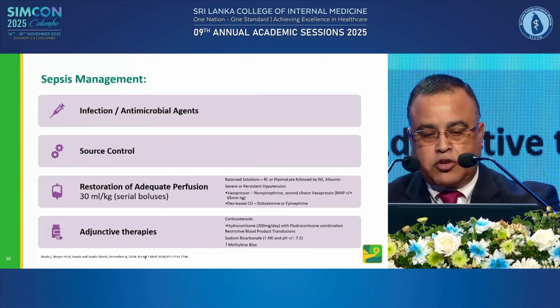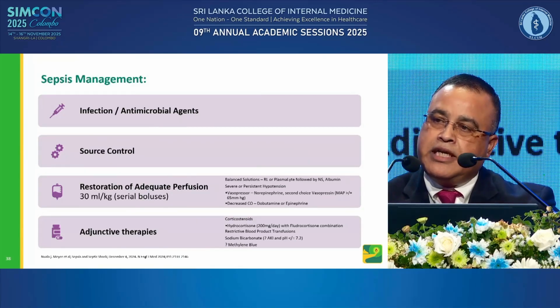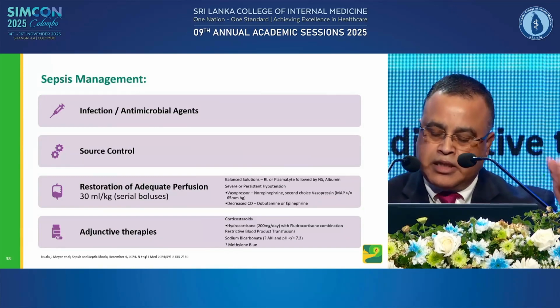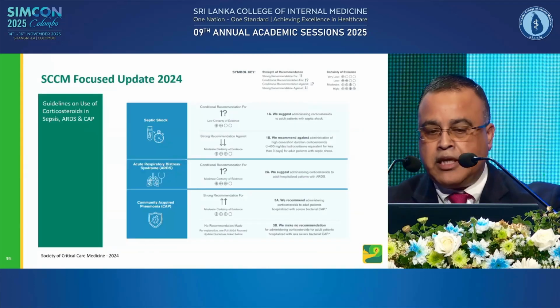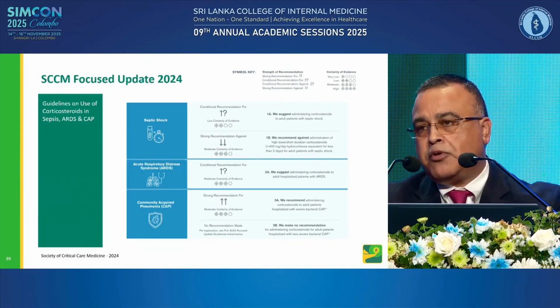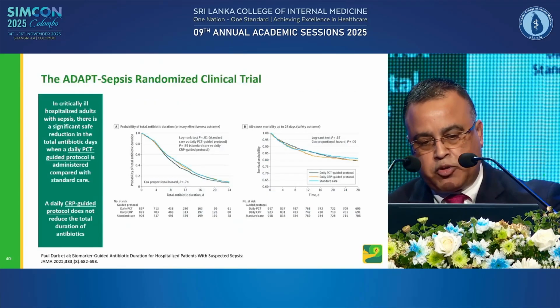In terms of corticosteroids, these are adjunctive therapies, and based on last year's Society of Critical Care Medicine guidance, there is value for corticosteroids, in terms of hydrocortisone, in septic shock and also in those who have complicated community-acquired pneumonia.